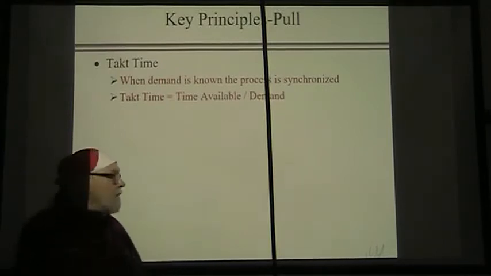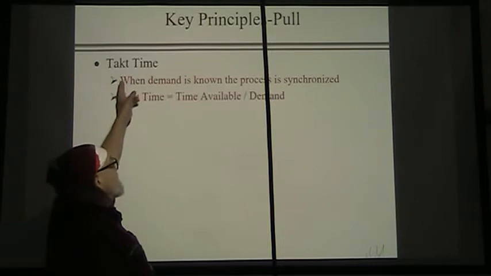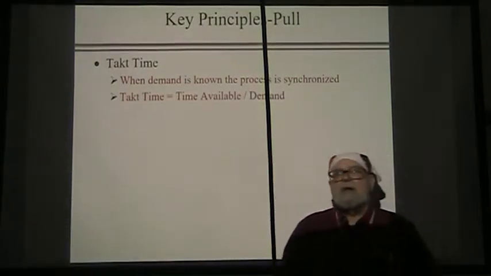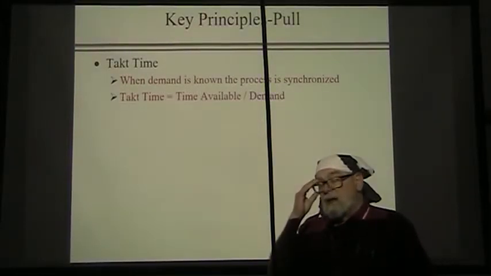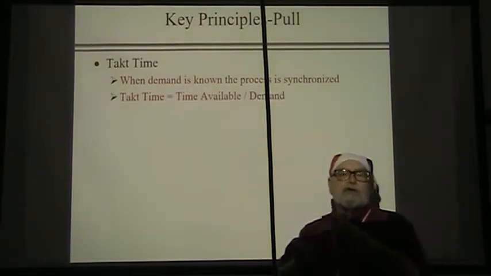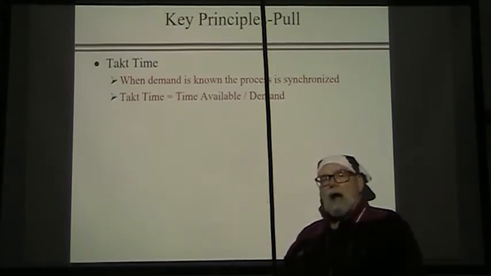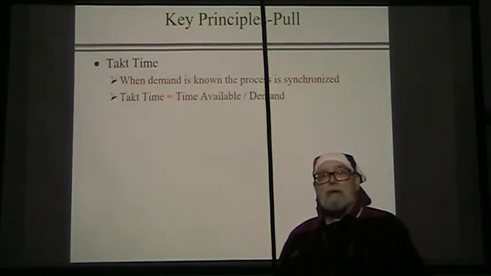So part of the principle of pull is takt time. Takt is the German word for musical beat. Now, how a German word got into the idea of the Toyota production system, man, you got me there.